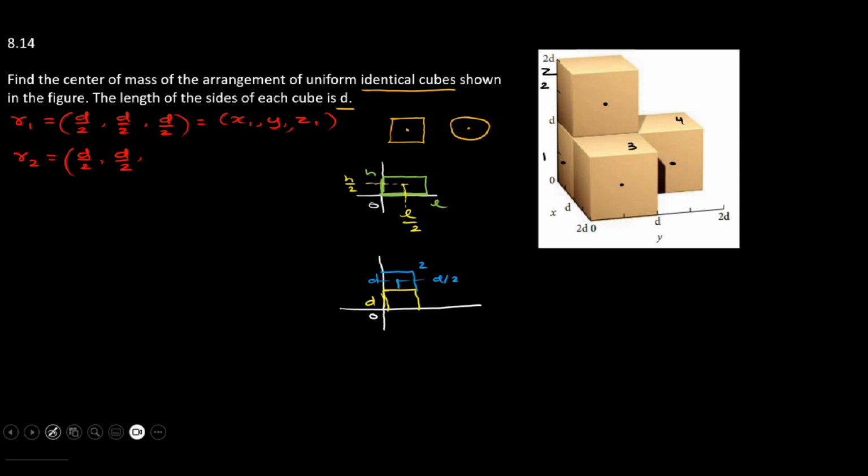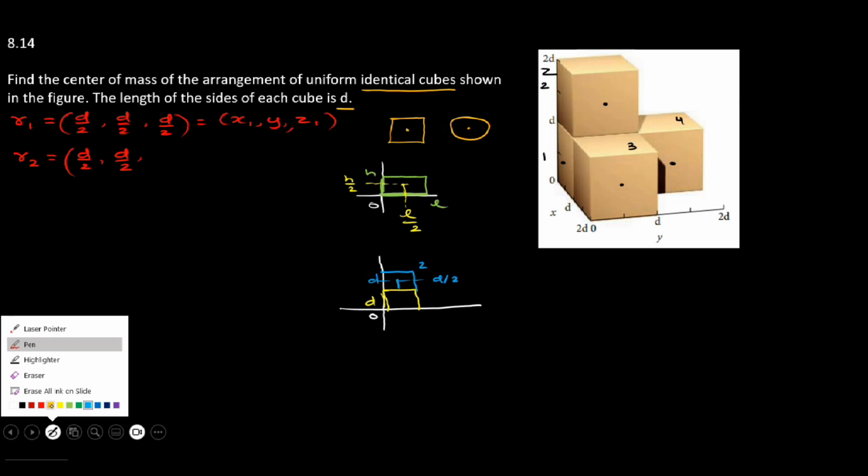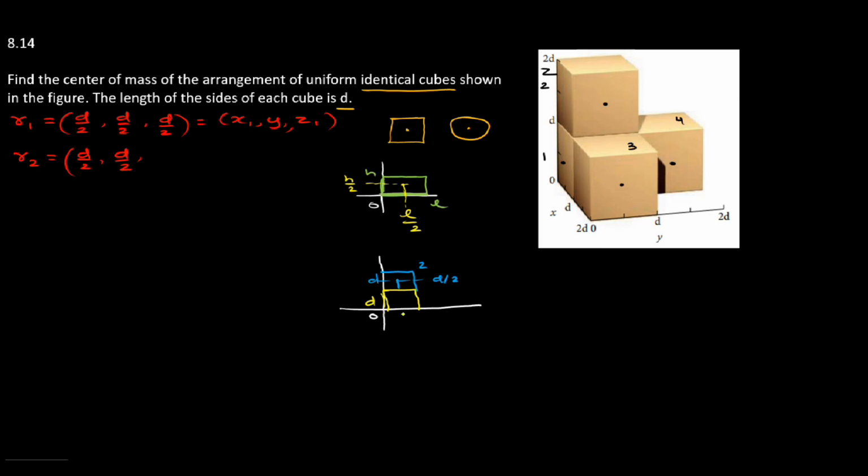But when I'm finding the position of the center of mass from the origin, I need to measure from 0 up to this total height. This total height will be the side d at the bottom, the height of cube 1, plus d by 2 within cube 2. The position of the center of mass along the z-axis for cube 2 will be d plus d by 2. That gives me 3d by 2.